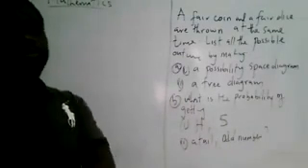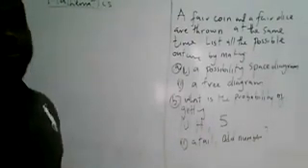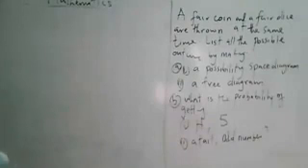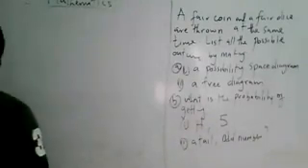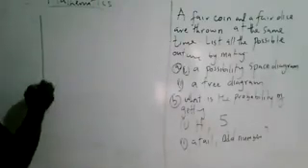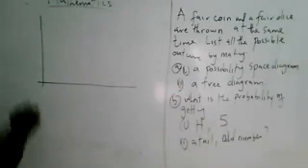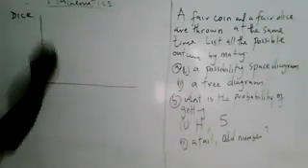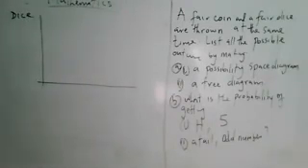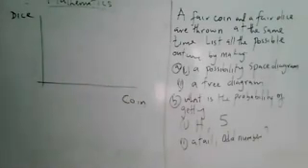So the first thing we need to do is to make our possibility space diagram. So I'm going to explain that to you. Now, when you're making your possibility space diagram, what you need to do is just having something like this. This is the aspect for your die, and this is the aspect for your coin.